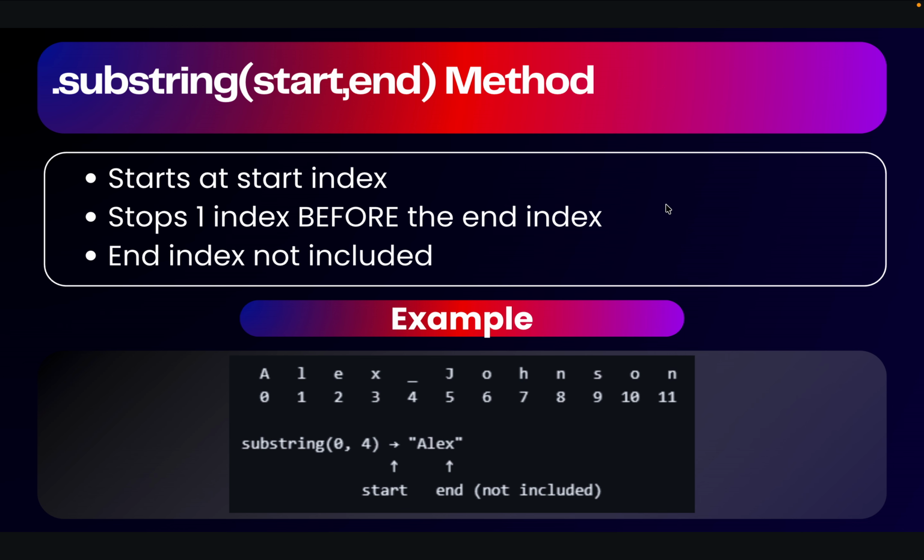So we'll start in front of A. If you go at 1, then it will start at the L. So that's already 2 characters. You start at the E, that's 3 characters. You start at the X, that's 4 characters. However, we're not actually reaching the 4th character index value because that imaginary blinker never actually reaches it in time.